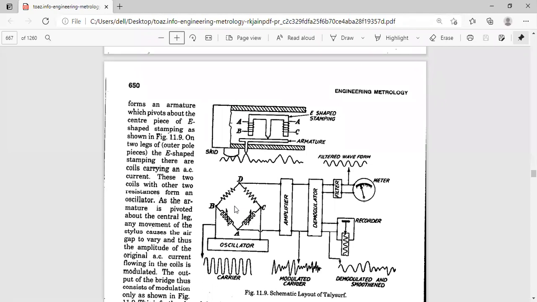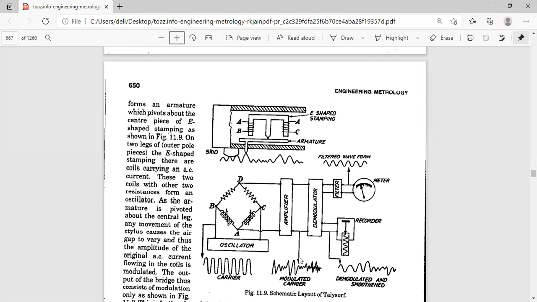And already I told you, this is a carrier waveform. The output of this will be amplified, because its small movements will be amplified by an amplifier. The output of the amplifier will have a modulator in between. It's not shown, so the output of the amplifier will be a modulated carrier waveform.